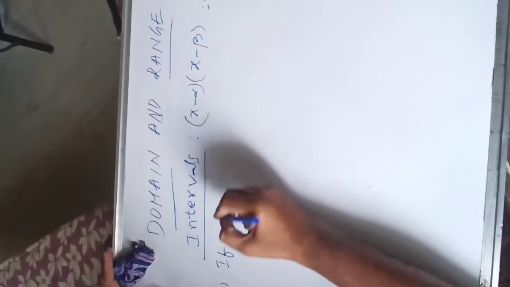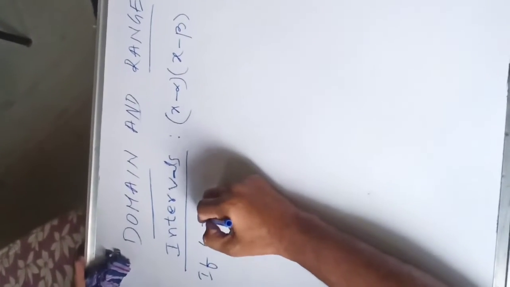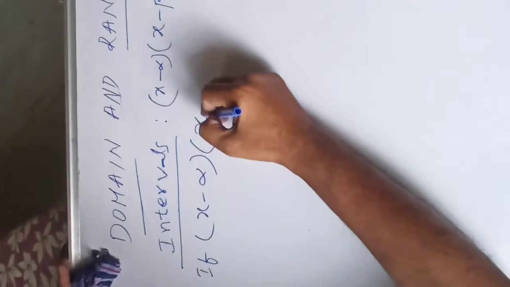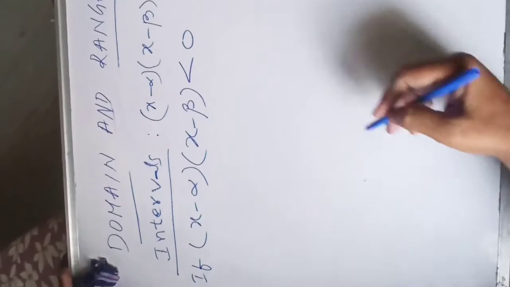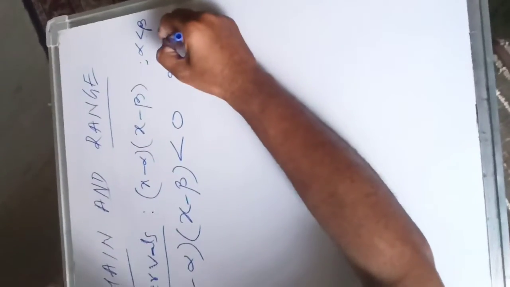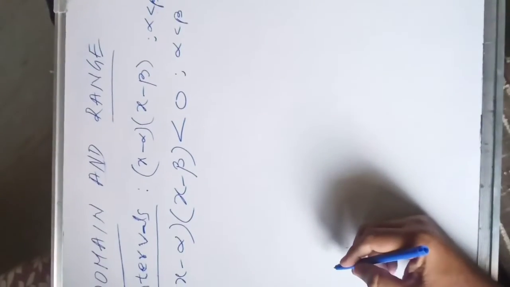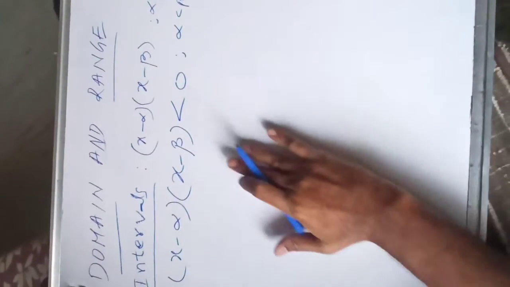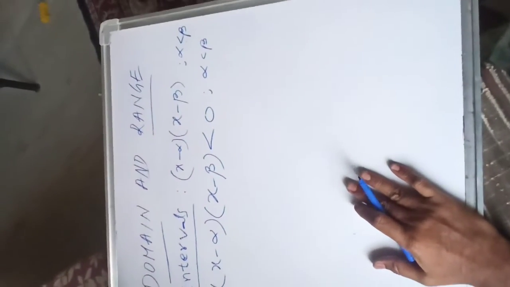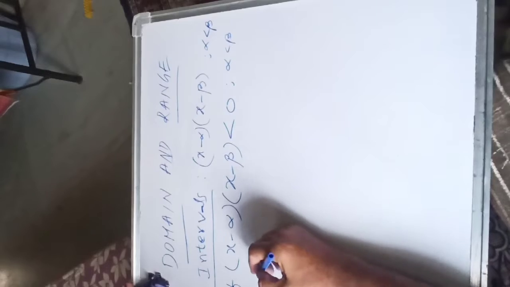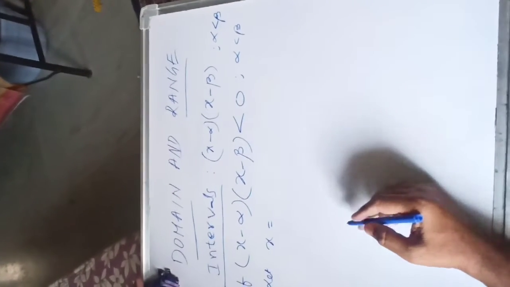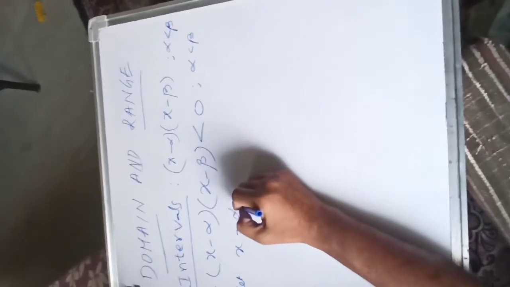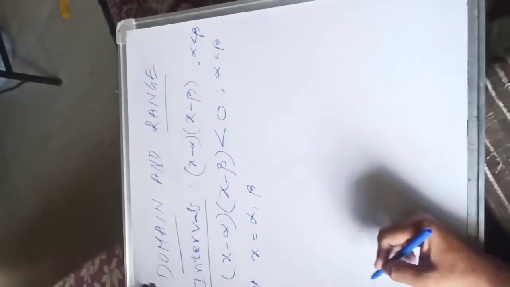The first case is if x minus alpha into x minus beta is less than 0, where alpha is less than beta. To write this interval answer, first we have to write its factors. X is equal to alpha, beta.